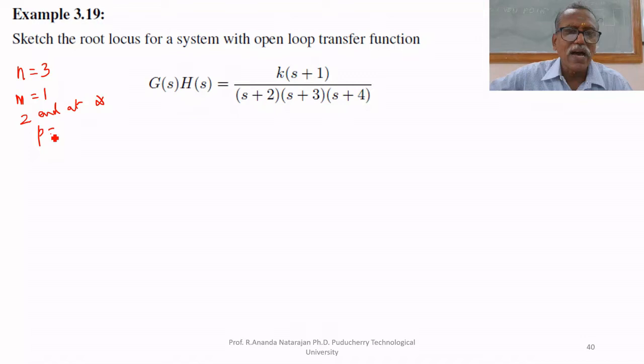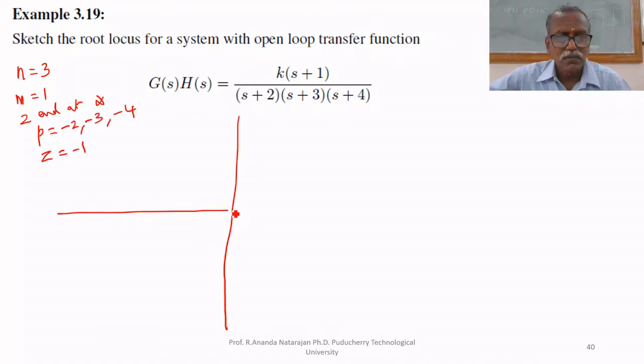Now we have to draw the root locus. On the graph sheet, take only one column on the right hand side, because root locus normally won't be on the right hand side. If it is there, you take. Otherwise, you can shift the y-axis not in the middle to the rightmost.